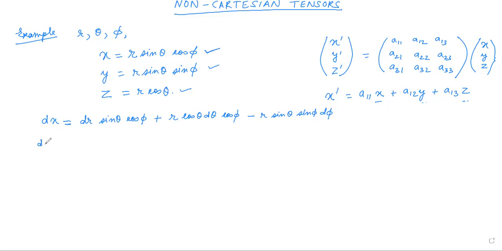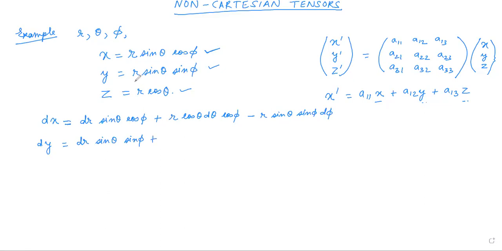Similarly, we see that dy is equal to dr sine theta sine phi. We have kept theta and phi constant and differentiated r.